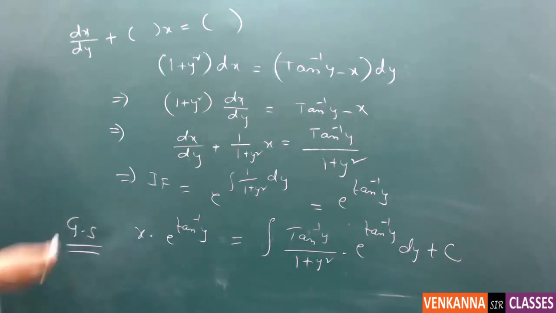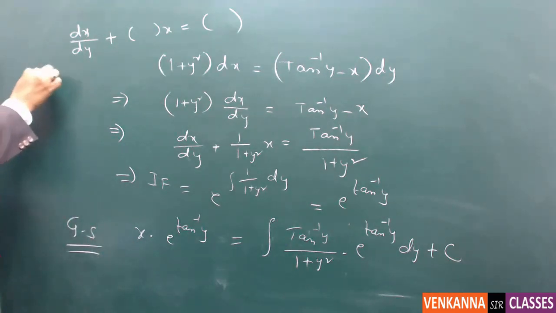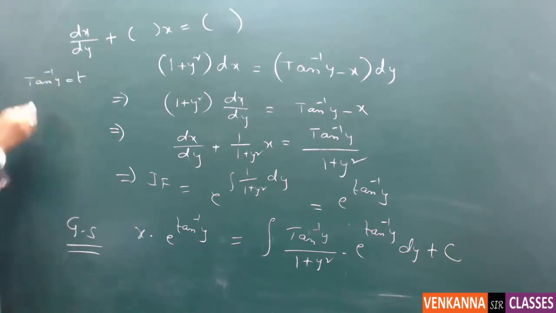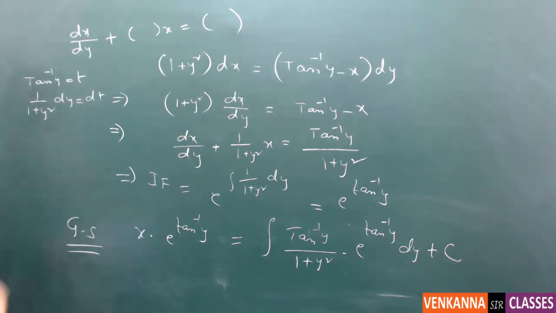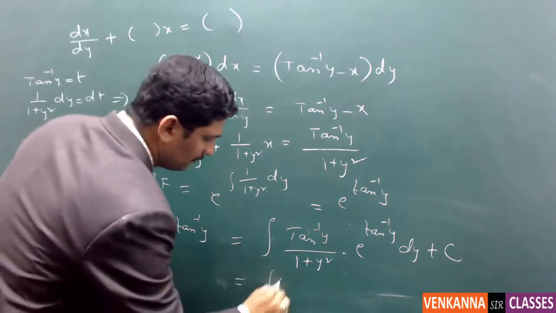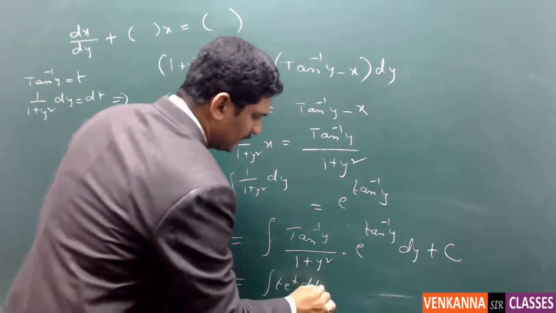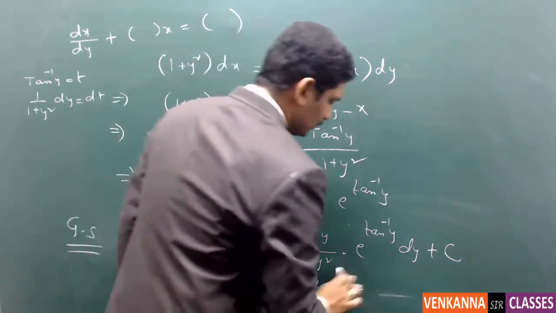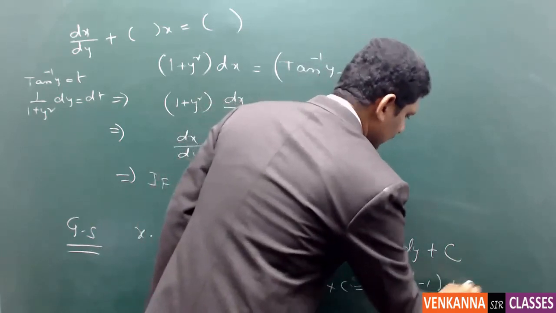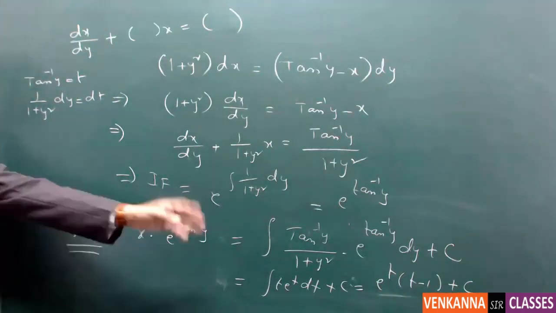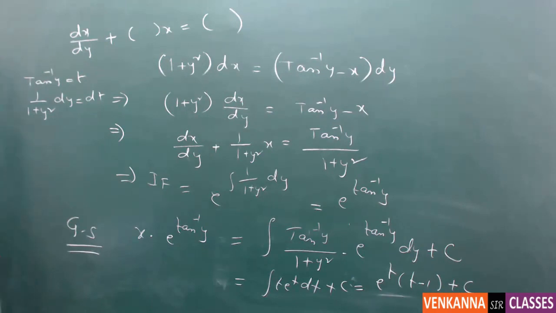To evaluate the integral, you take tan inverse y equal to t. So 1 by 1 plus y square dy is equal to dt. Substituting these values, it will come under the form t e power t dt plus c. So it equals e power t into t minus 1 plus c, and you substitute what t is there. That's all.